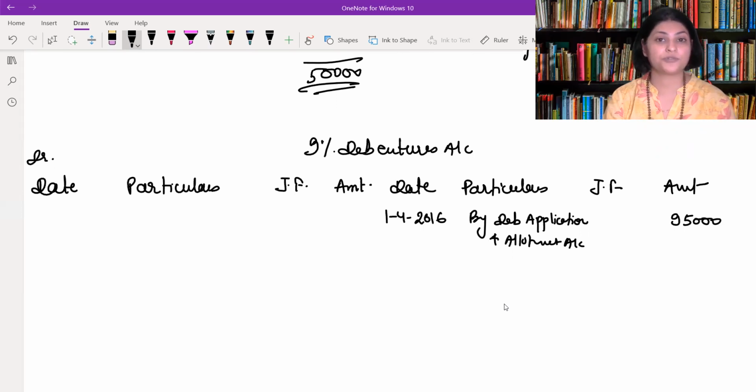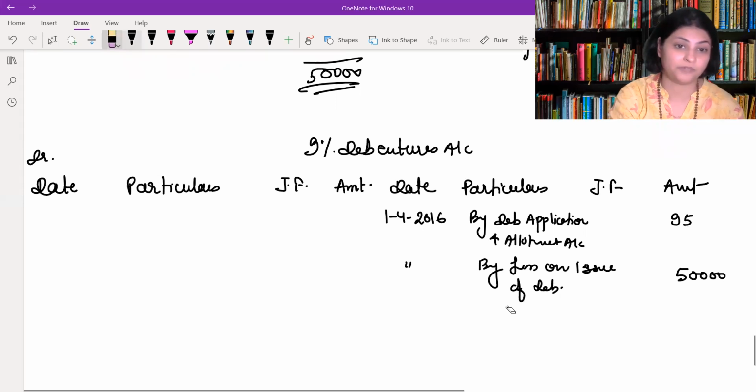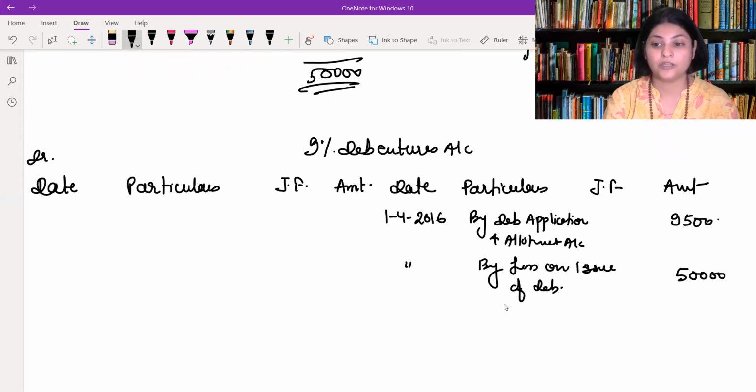Why 95,000 students? Because debentures were issued at a discount. But in the debenture account, always the face value is going to go. That is why over here, I will write by loss on issue of debenture also. Loss on issue of debenture, which was 5,000 rupees. Sorry, it was 50,000 and the above was not 95,000, it was 9,50,000 rupees, because the total amount of debenture was 10,000 multiplied by 100, 10 lakh rupees.